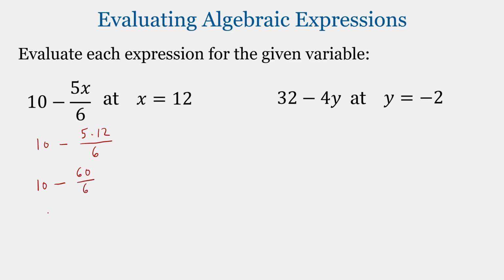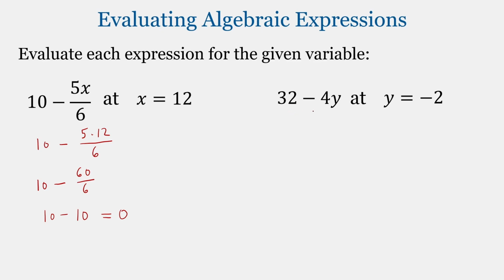And then we'll do division. We have 10 minus 60 divided by 6 is 10. That leaves us with 10 minus 10, and that's equal to 0. The expression 10 minus 5x divided by 6 has a value of 0 when x is equal to 12.